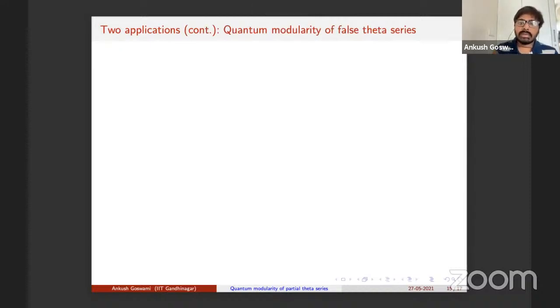Okay. The final application is about quantum modularity of Rogers' false theta function.